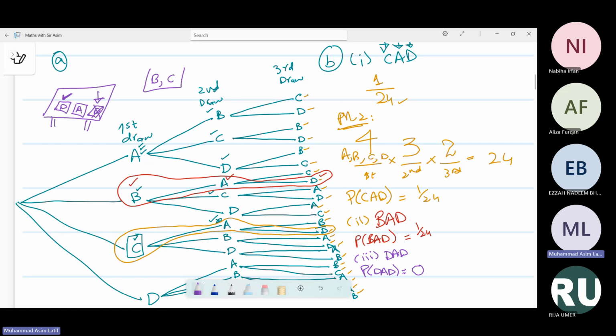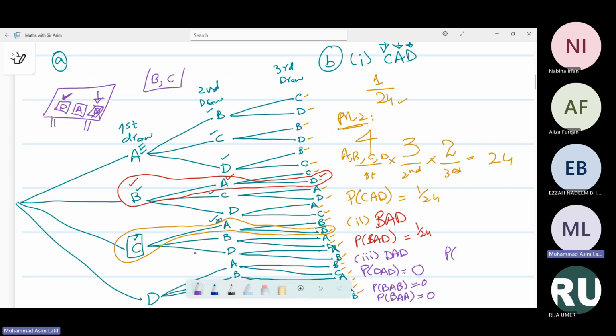So we conclude that any combination that involves a repetition of any card, that is not possible. So its probability is going to be 0. For example, if I say, what is the probability of getting BAB? It will be a 0. What is the probability of getting BAA? That would be 0.